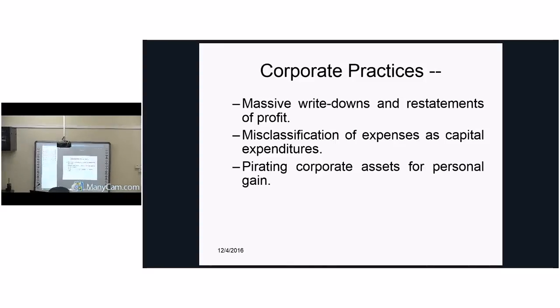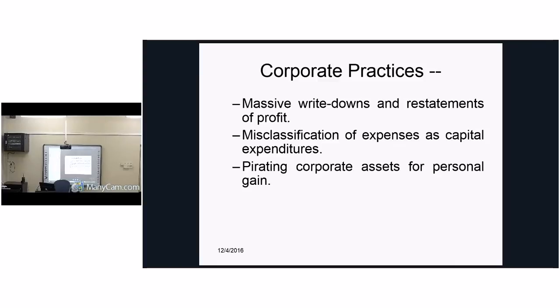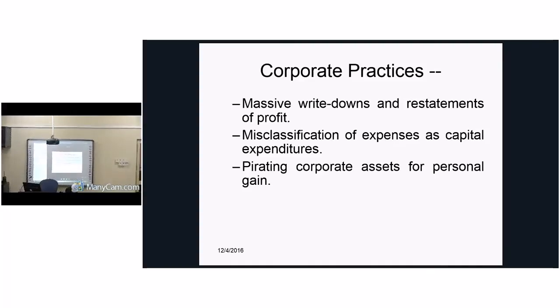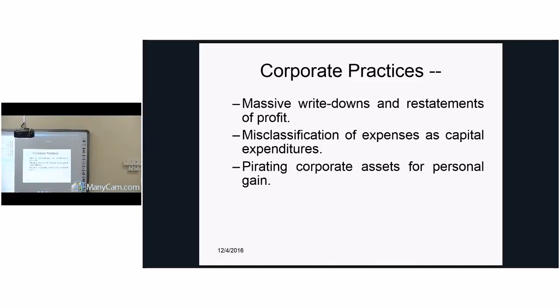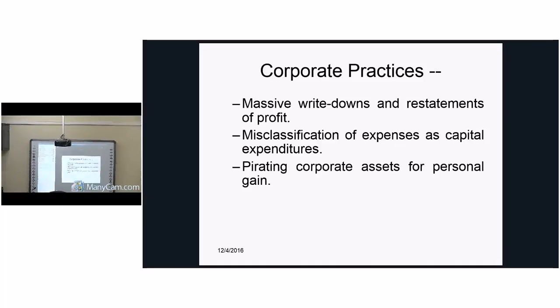And also misclassification of expenses as capital expenditure. Again, it impacts your profit. So, these are malpractices in the corporate environment.